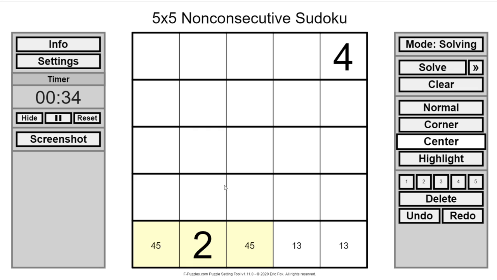How do I proceed here? Well, actually, this couldn't be a 2 because it would make this valueless.